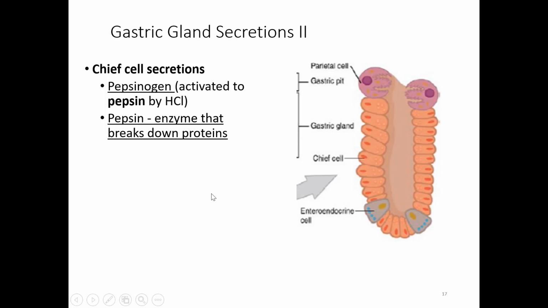Wait a moment. We just said that actually proteins are broken down by hydrochloric acid. That is correct. Large proteins are broken into small protein pieces by hydrochloric acid, but those small protein pieces still need to be broken into amino acids, and that would be the work for pepsin.